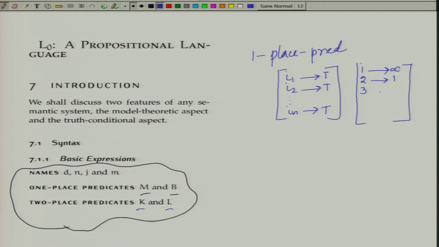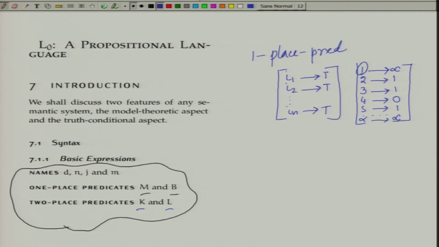Let us take 3, it is definitely a prime number. Let us take 4, it is not. 5, once again a prime number, and we come to say infinity, once again it is undefined. I do not know whether infinity is a prime number or not.